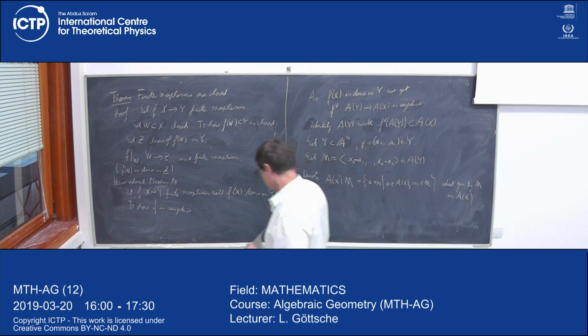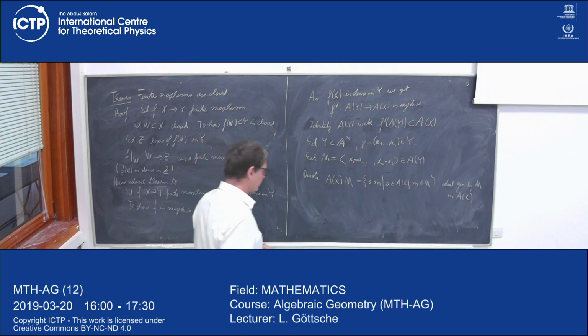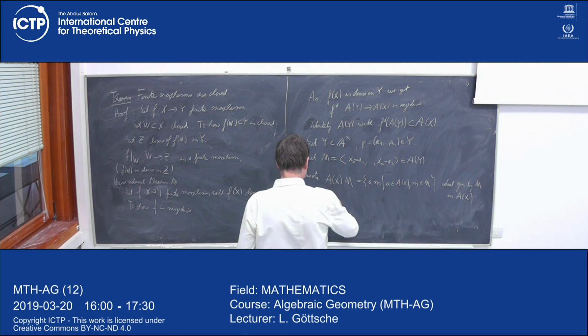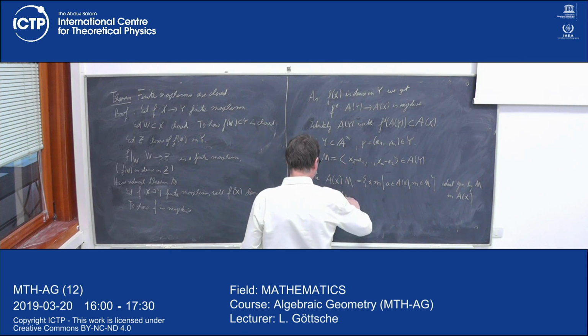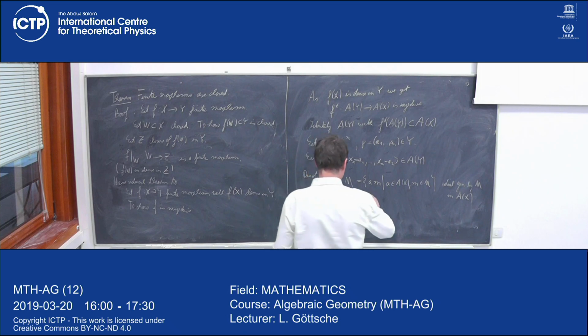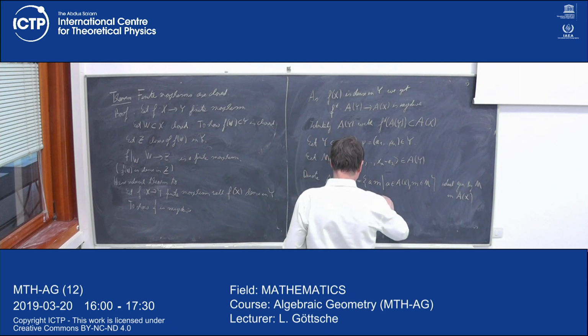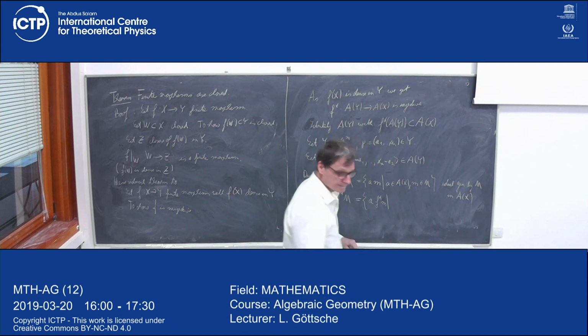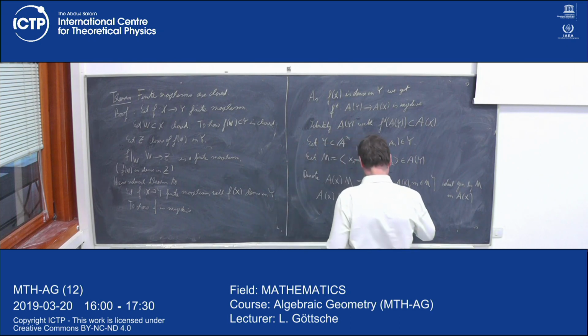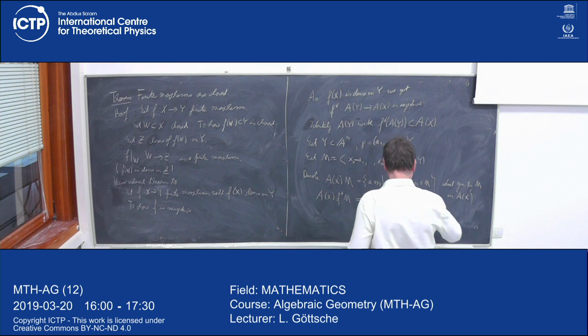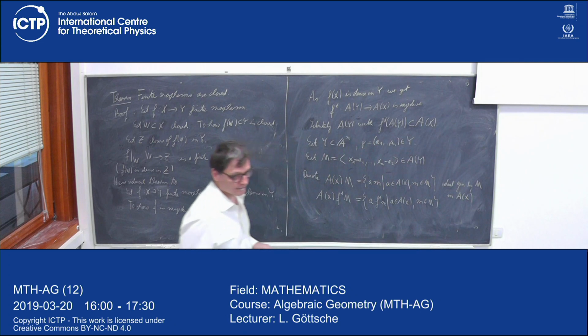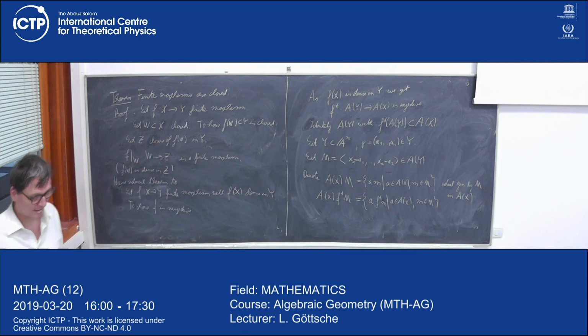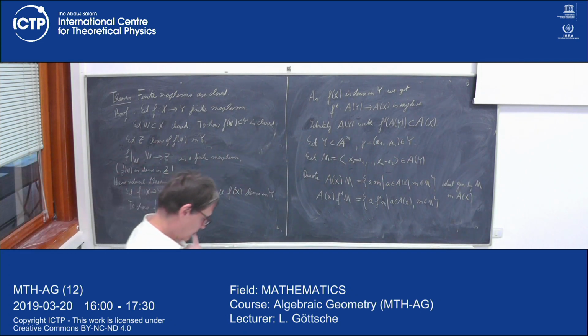So maybe I will also be more honest, so it should actually be AX F star M. This is the set of all A F star M, with A in AX. So that's what it really is, the ideal generated. So it's not so much gained by making the identification. Maybe I just like this.